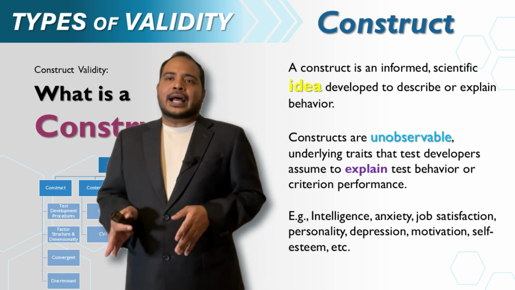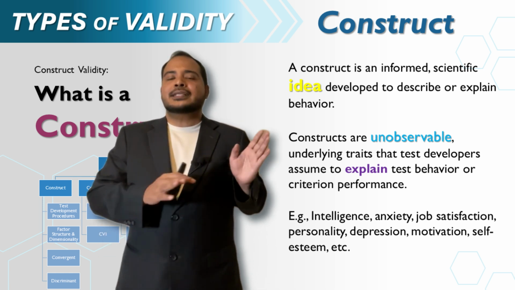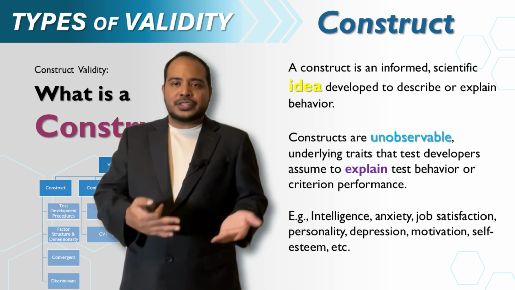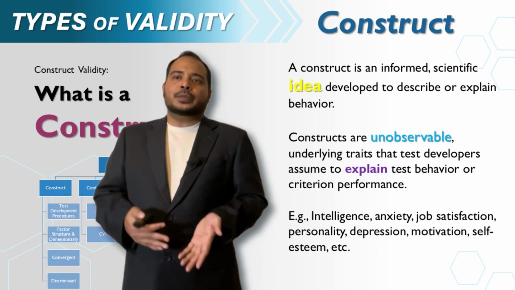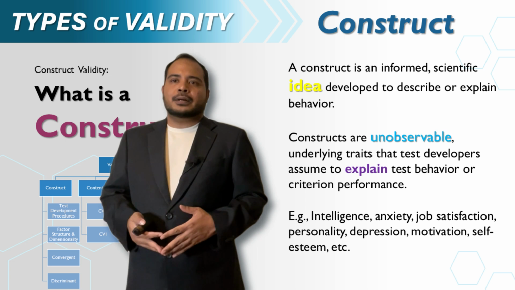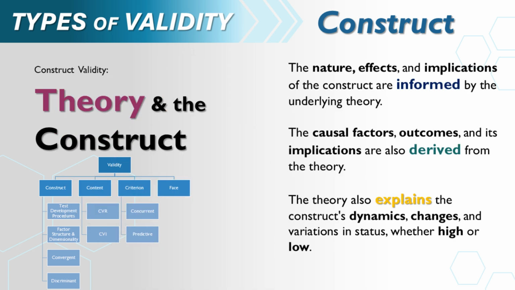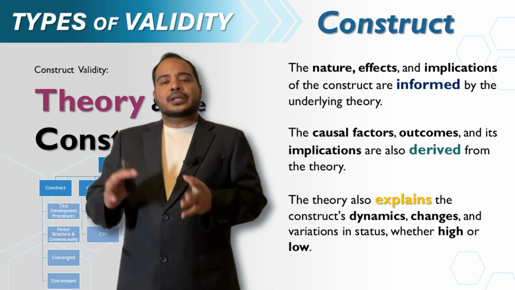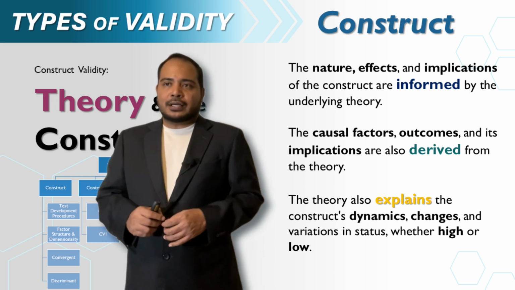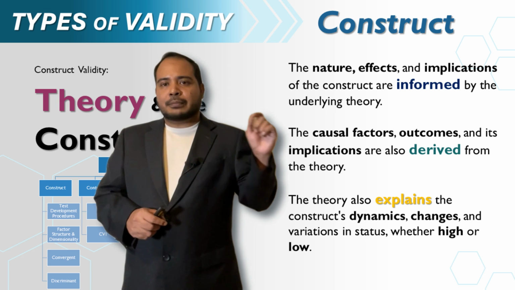Besides what a construct is, another revision we need to go through before we discuss more details about construct validity is how a construct relates to theory, the importance of the relationship between theory and constructs. Why do we need to understand theory?